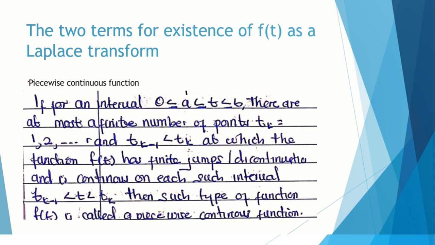If for an interval 0 less than or equal to a less than or equal to t less than or equal to b, there are at most a finite number of points t1, t2, up to tk, at which the function f(t) has finite jumps, that is, jump discontinuity, and is continuous on each such interval t_(k-1) less than t less than t_k, then such a function f(t) is called a piecewise continuous function.